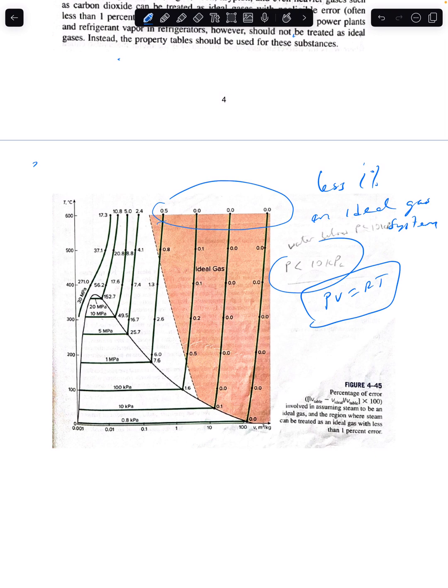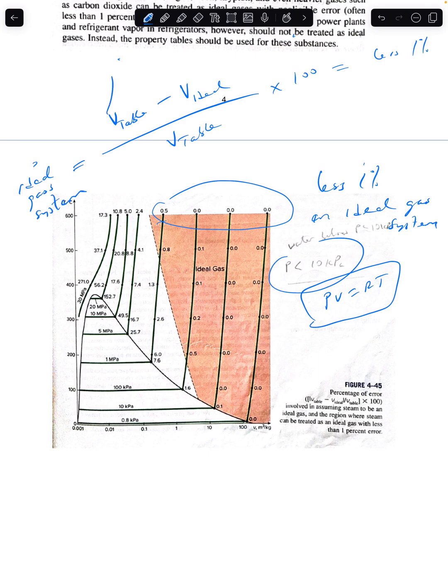And how do you determine such a system? We take the specific volume from the table minus the ideal specific volume, divided by the specific volume from the table, times 100. If this answer is less than 1%, then we can say the system is an ideal gas system.